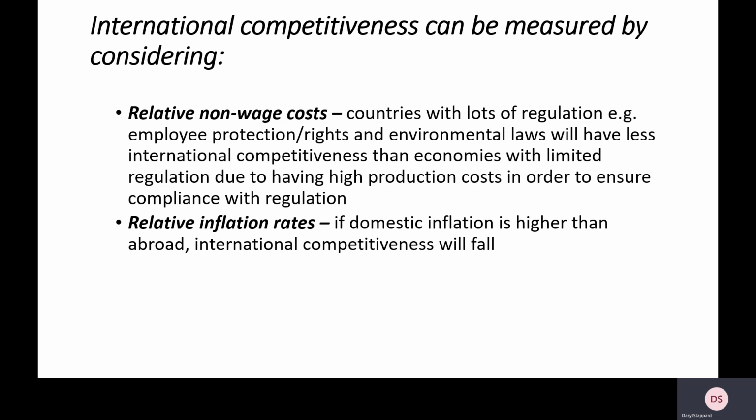But also the environmental laws, how you've got to dispose of waste or what your emission levels must be. Now, clearly, the stronger the regulations in an economy, the less international competitiveness you will have. If you've got lots of employee protection rights and environmental laws in your economy, that will significantly increase the cost of production. That will therefore mean that you lack international competitiveness.